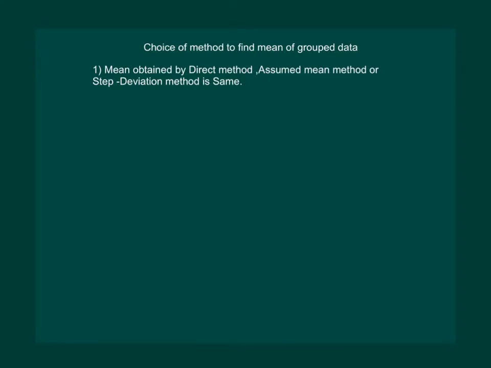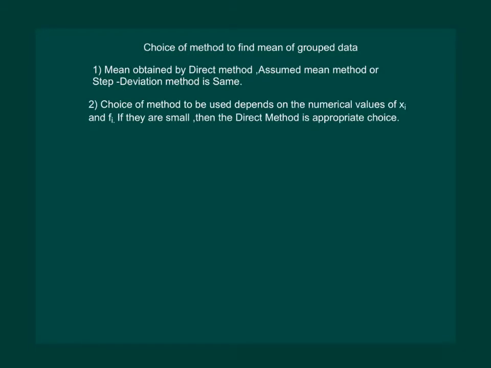We should remember that the mean obtained by the direct method, assumed mean method, or step deviation method is the same. The choice of method depends on the numerical values of xi and fi. If they are small, then the direct method is appropriate.